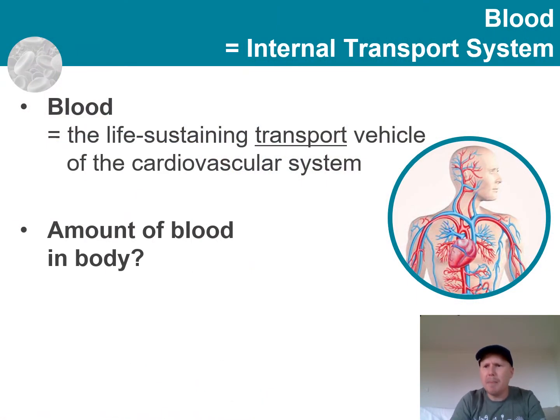Let's talk a little more about the blood and note some general things that we should be familiar with. First, how much blood do you think that there is within you?